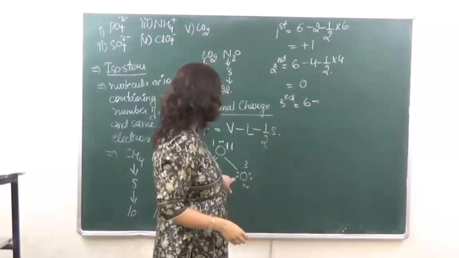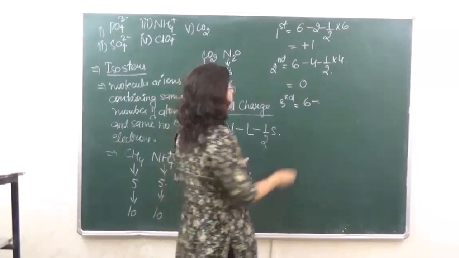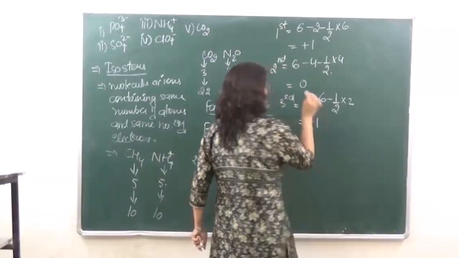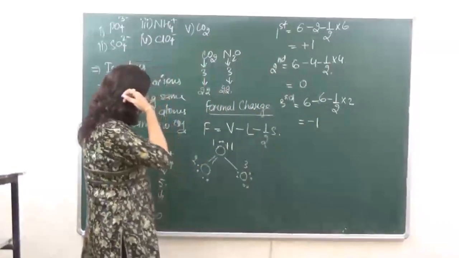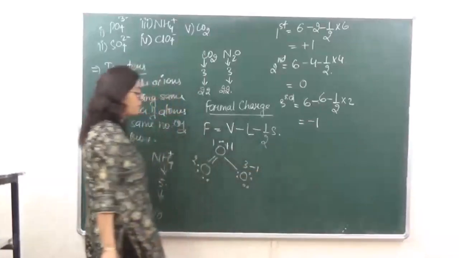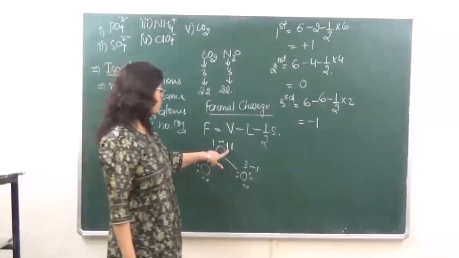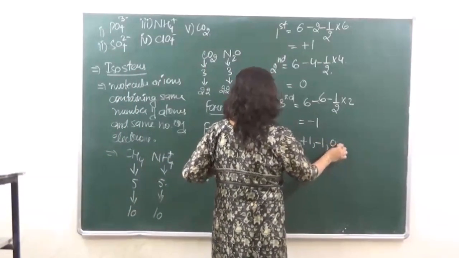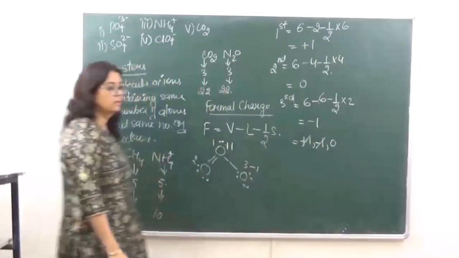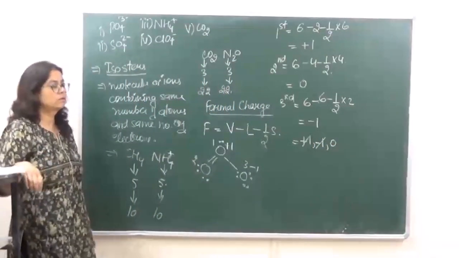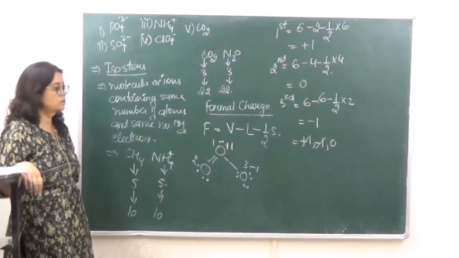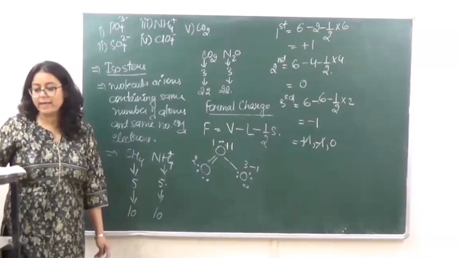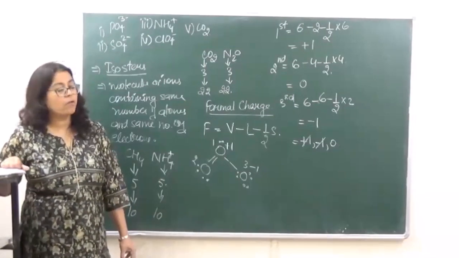Minus 1, 2, 3, 4, 5, 6. Minus 1 by 2 into 2. Okay, so if you are calculating the net formal charge over here, it is going to be plus 1, minus 1 and 0. ठीक है? So it becomes equal to 0.